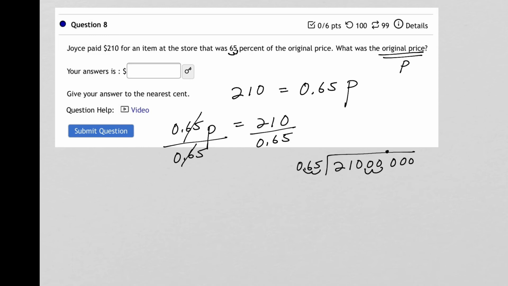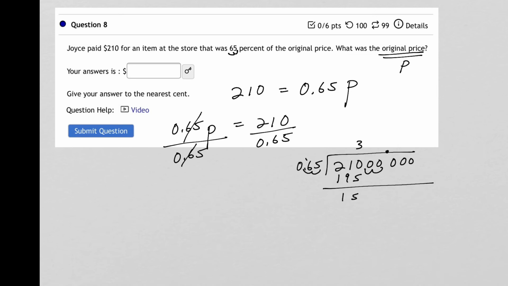So 65 into 210. It looks like that'll go in 3 times. Right, so 3 times 5 is 15. Carry the 1. 3 times 6 is 18 plus 1 is 19. So now I subtract. This is going to be 5, right? And then this will be 1.